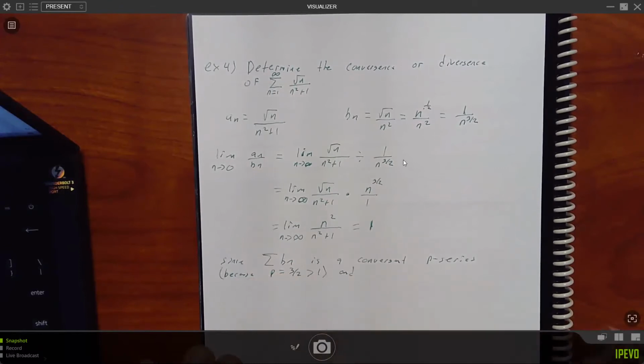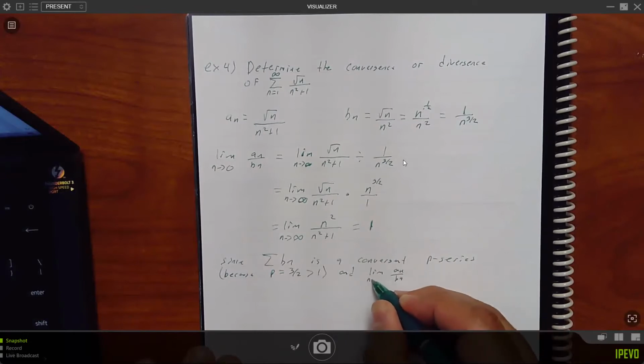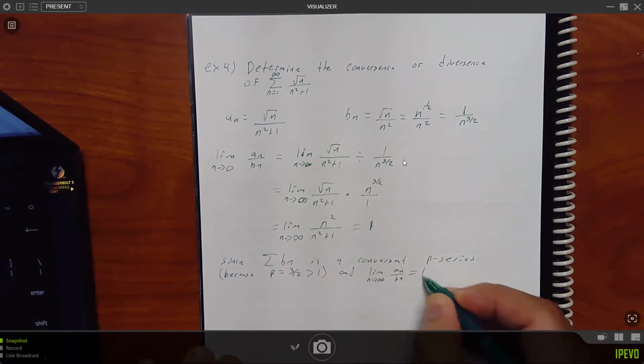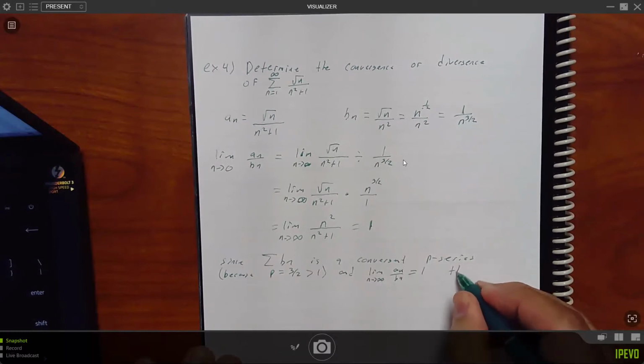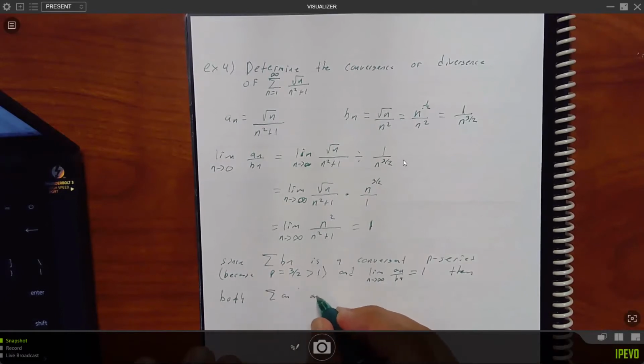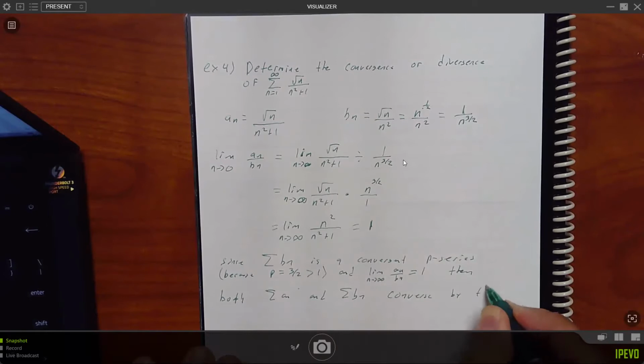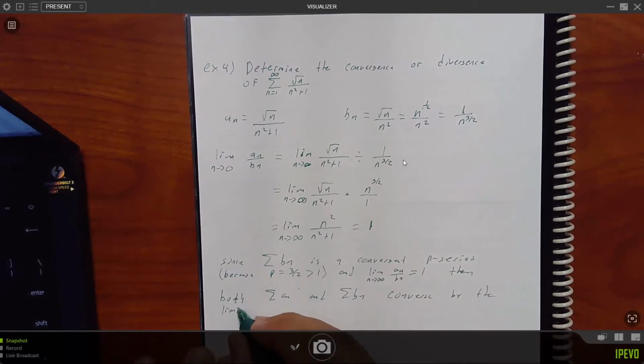And the limit of a sub n over b sub n as n goes to infinity is equal to 1, then both series converge by the limit comparison test.